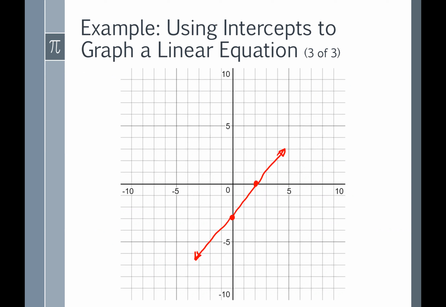The only time it really doesn't work particularly well is when one of your intercepts is a fraction. And in MyMathLab, you may have that happen in some of your problems, but MyMathLab will give you a grid in your coordinate plane where you can actually plot a fraction. So if that happens, you will still be able to plot it.